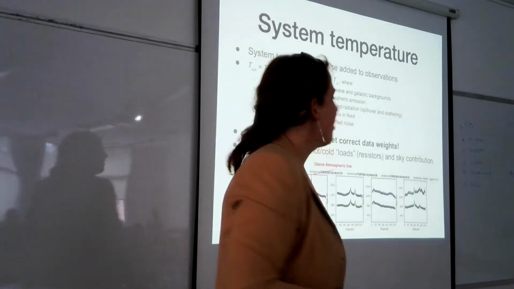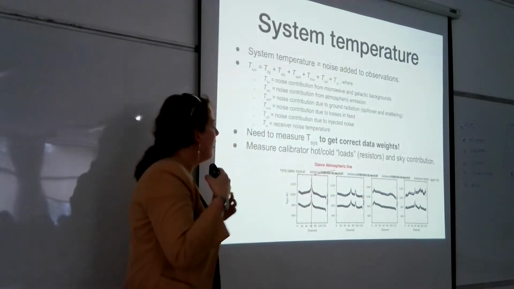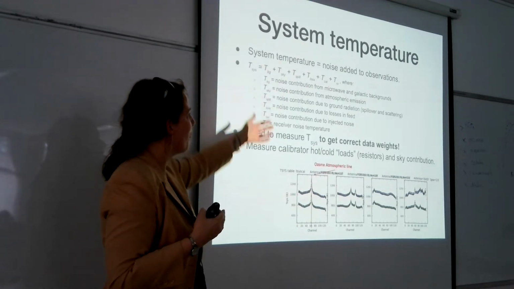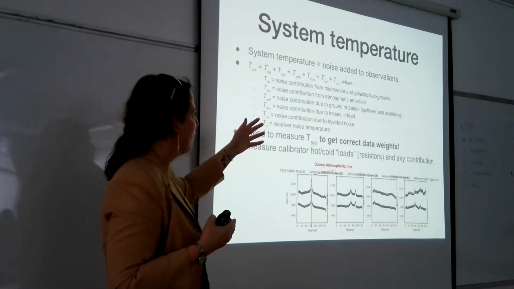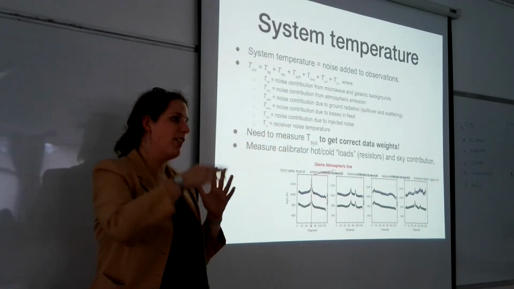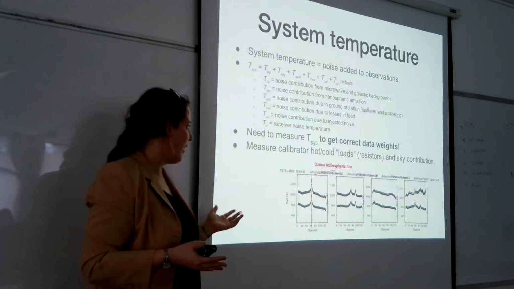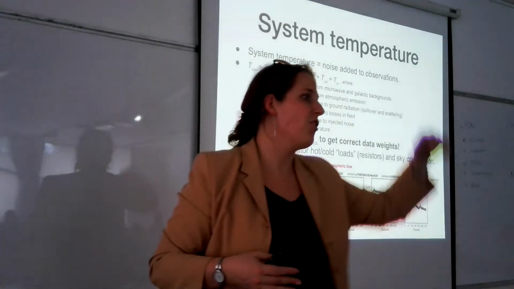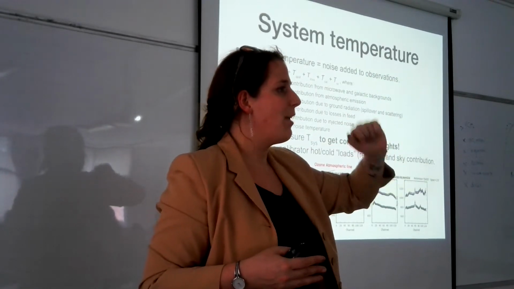Then the system temperature is essentially all the noise due to microwave electric backgrounds, atmospheric emission, losses in feed, ground radiation, receiver noise temperature. So this is more like an intrinsic property of your receiver, of your antenna, again as a function of time. When that noise goes up, we want to downweigh that part of the data.